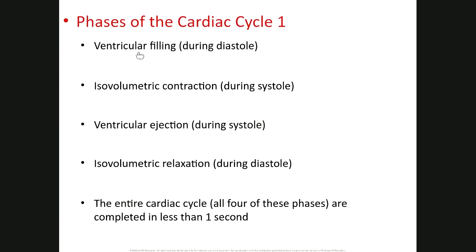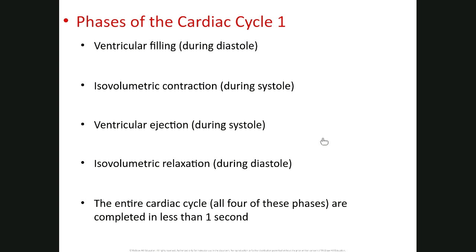The first step is that the ventricles have just contracted, and so now they are open and relaxed. When they contracted, the atrium above does not get involved. It's all about the ventricles.